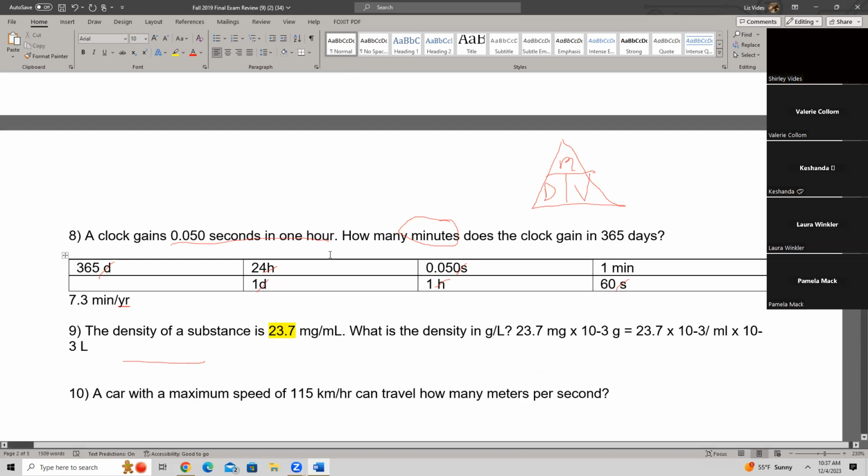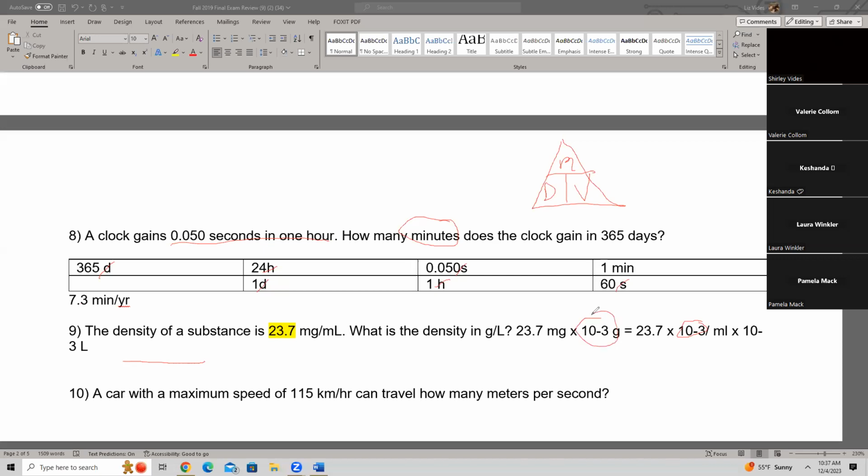So if you look, if you're dividing something, remember how the reciprocal works? The negative 3 comes up as positive 3. And doesn't that give you 0? So basically the answer equates the same. The answer would be equal to 23.7 grams per liter.